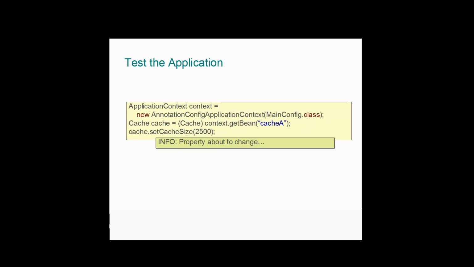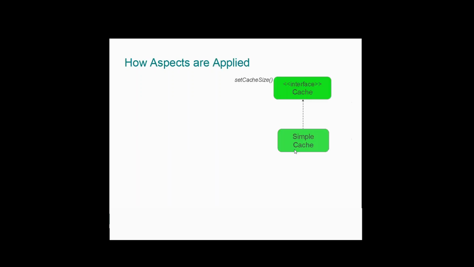Okay, now we'll see how this actually works behind the scenes, how these aspects are applied. Let's say I have this cache interface, and a simple cache class has been created implementing this interface. Whenever you create a Spring bean in your configuration class, as part of the lifecycle creation, there is a bean post processor.